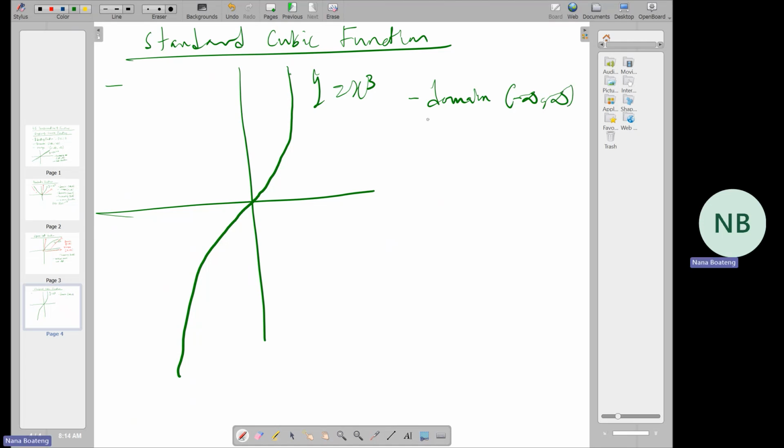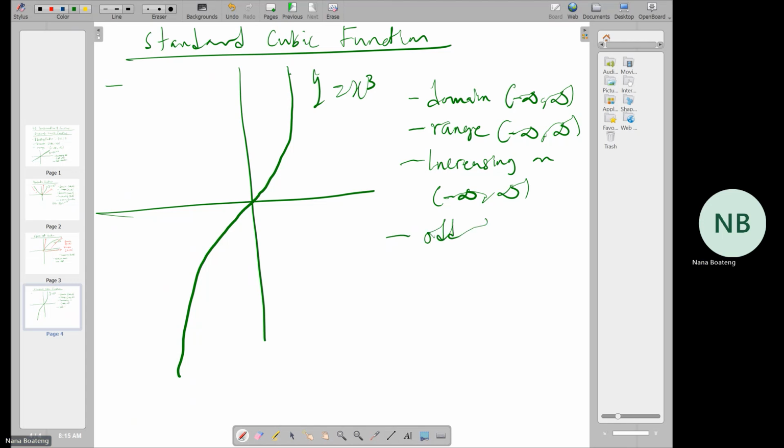Its range is also from minus infinity to infinity. It's increasing throughout, from minus infinity to infinity, and it's an odd function.